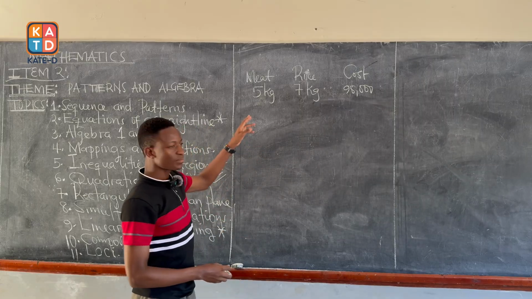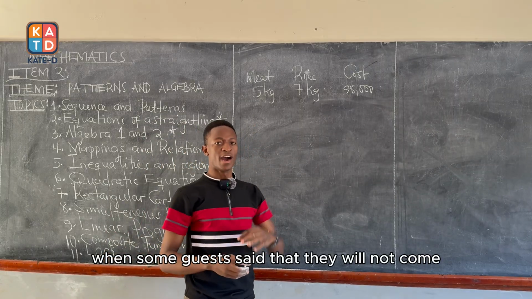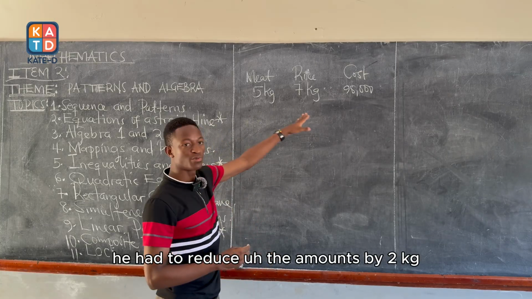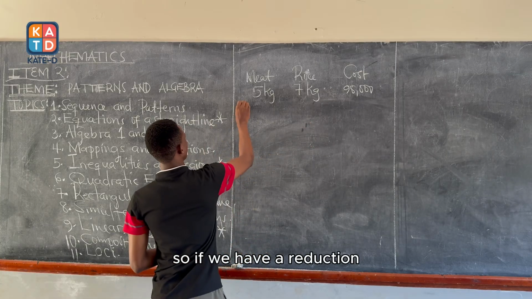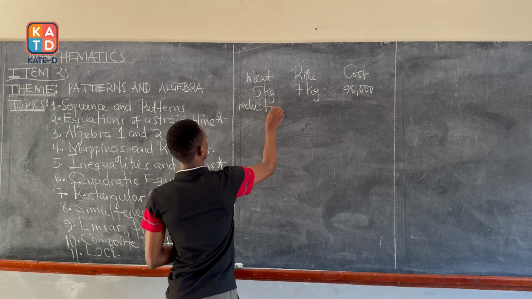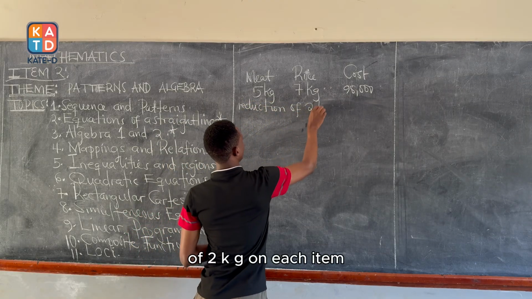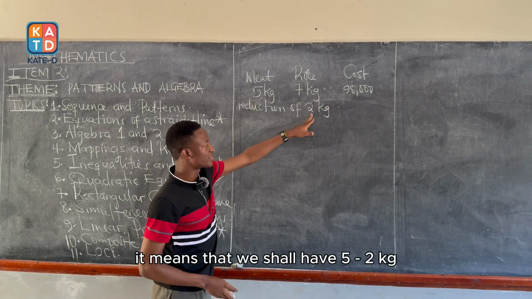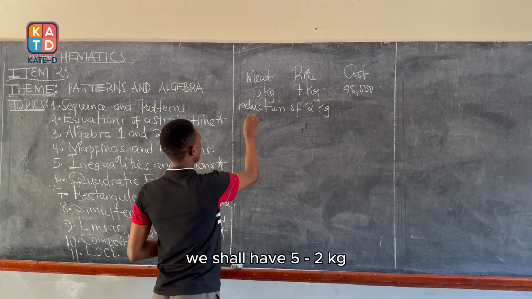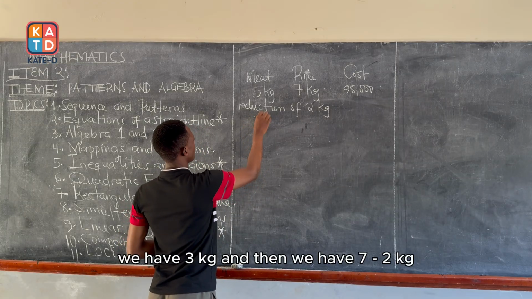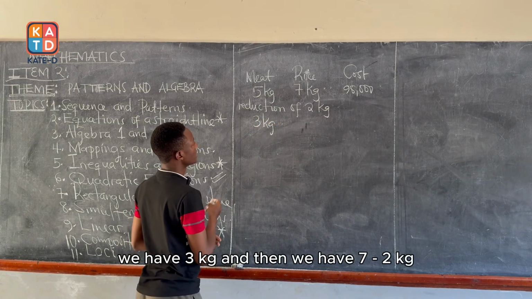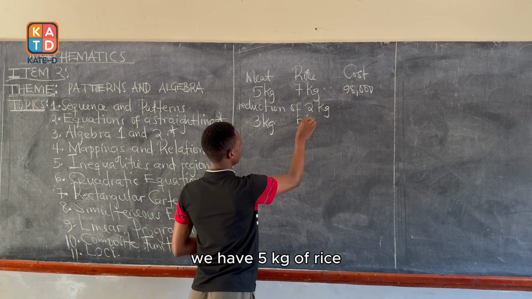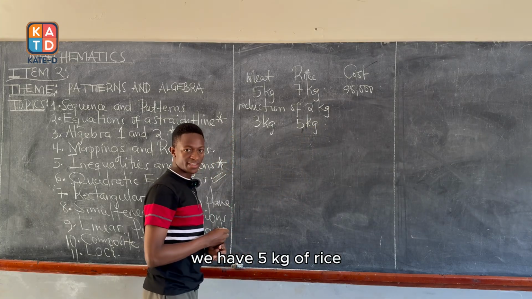Then after, when some guests said that they will not come, he had to reduce the amounts by 2 kilograms. So if we have a reduction of 2 kg on each item, it means that we shall have 5 minus 2, we have 3 kilograms of meat, and then 7 minus 2, we have 5 kilograms of rice.